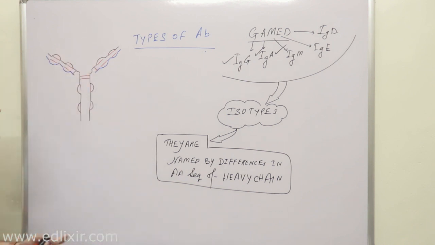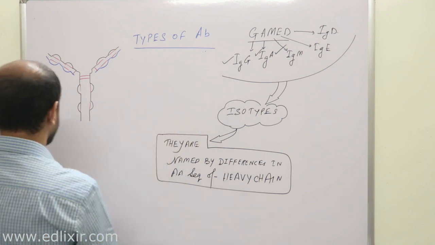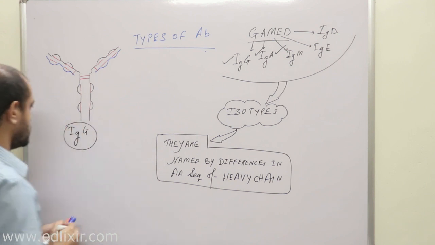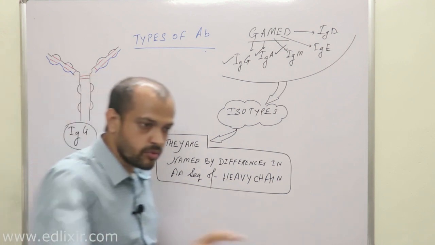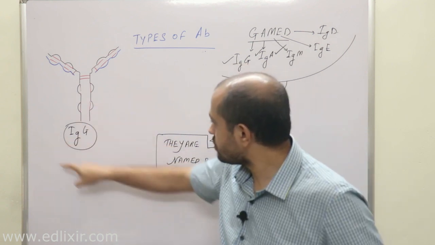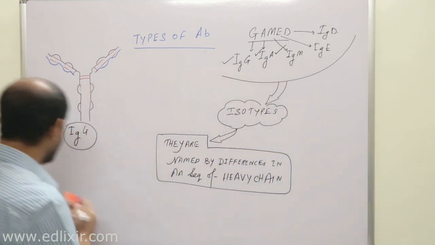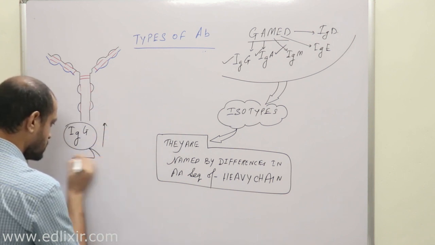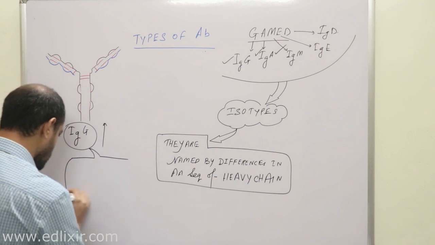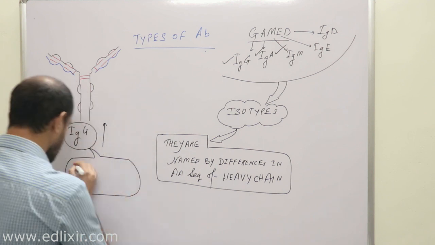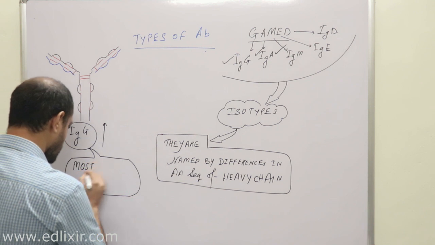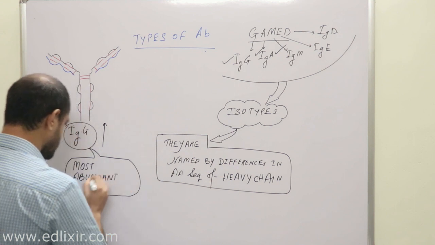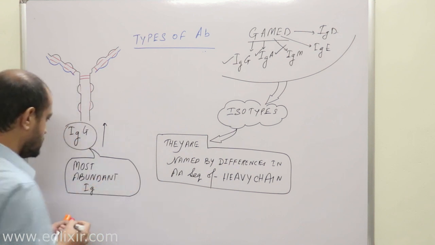Now a very important point you need to understand is this: when we are talking about IgG, it is the most abundant Ig.